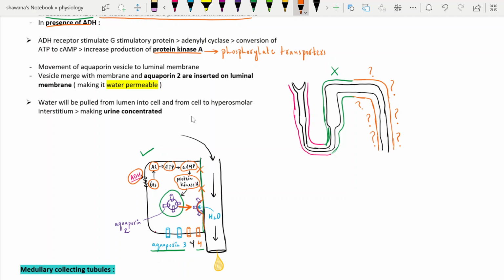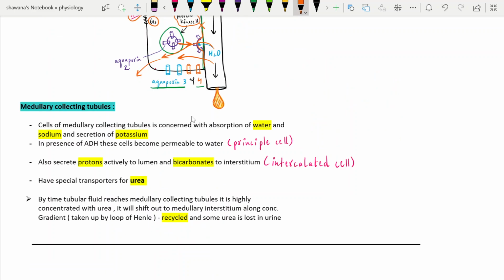Let's talk about the final part of the nephron, that is the medullary collecting tubule. We have discussed in detail the proximal convoluted tubule, the descending limb of loop of Henle, the thin ascending limb of loop of Henle, the thick ascending limb of loop of Henle. Then we have talked in detail about the proximal, the early distal tubules.